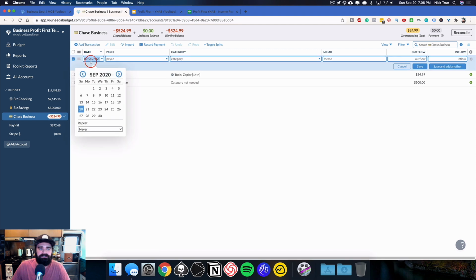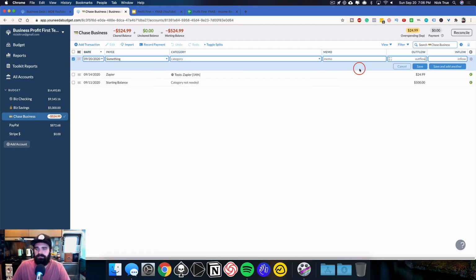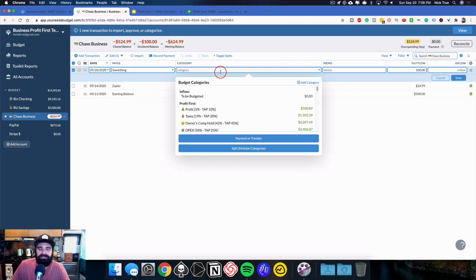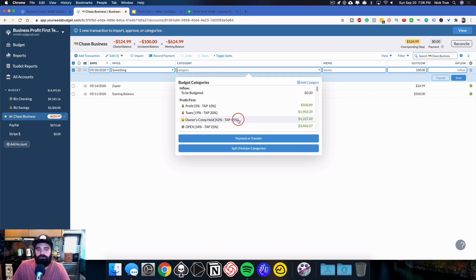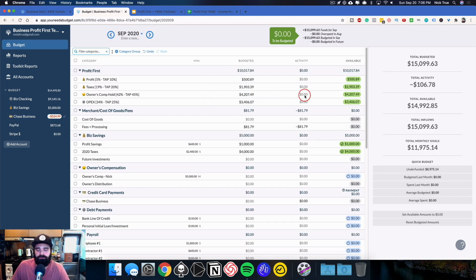So if you go buy something on your credit card and it comes in, right, you bought something for the business for $100 and it needs a category, you are never going to categorize it to OPEX. You're never going to categorize it to owner's comp. These categories right here are pass-throughs. They're their own miniature to be budgeted.